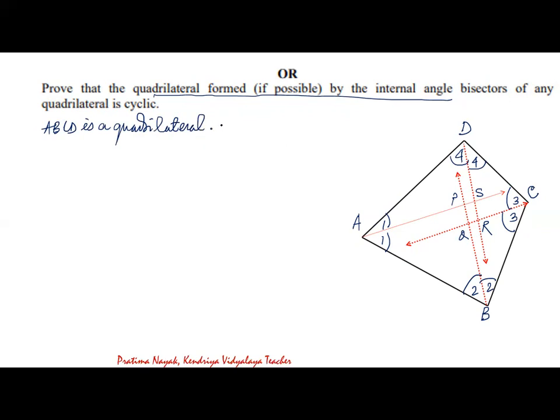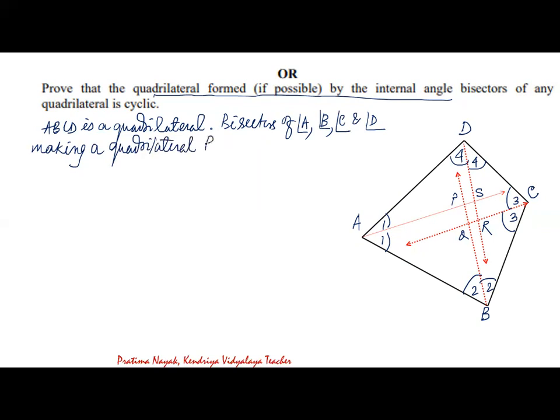The bisectors of angles A, B, C, and D are making a quadrilateral PQRS.